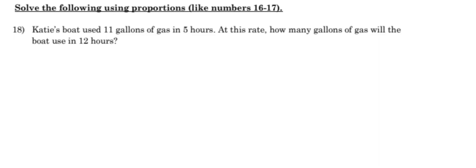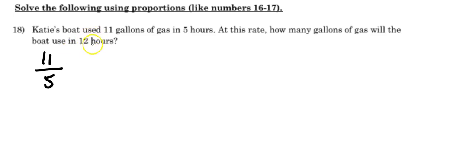All right, moving on to number 18. This is a word problem that's really just a set of ratios. So we're going to set up this fraction, 11 gallons per 5 hours. And at this rate, how many gallons of gas will be used in 12 hours?